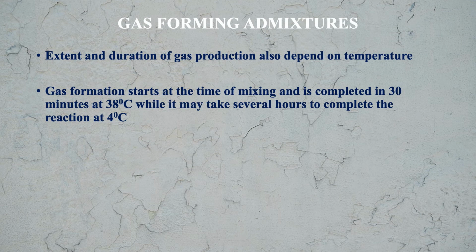For example, gas formation starts at the time of mixing and is completed in 30 minutes at 38 degrees centigrade, while it may take several hours to complete the reaction at 4 degrees centigrade. Meaning the higher the temperature, the gas formation will be completed within less time. The lower the temperature, it will take more time for the gas formation.